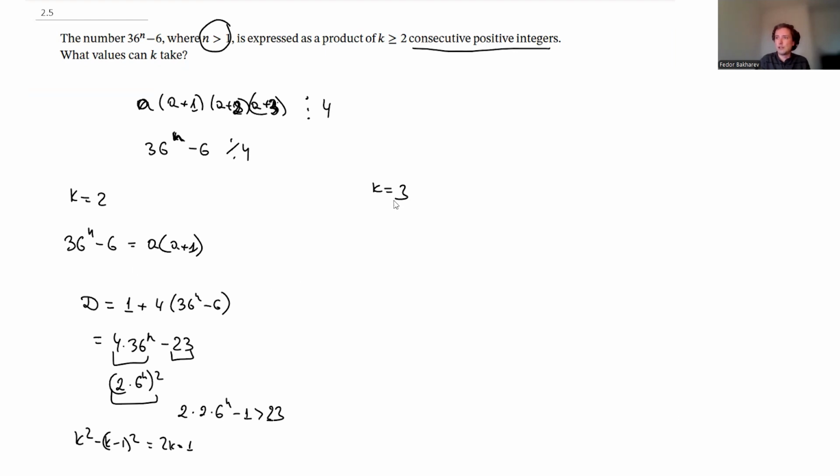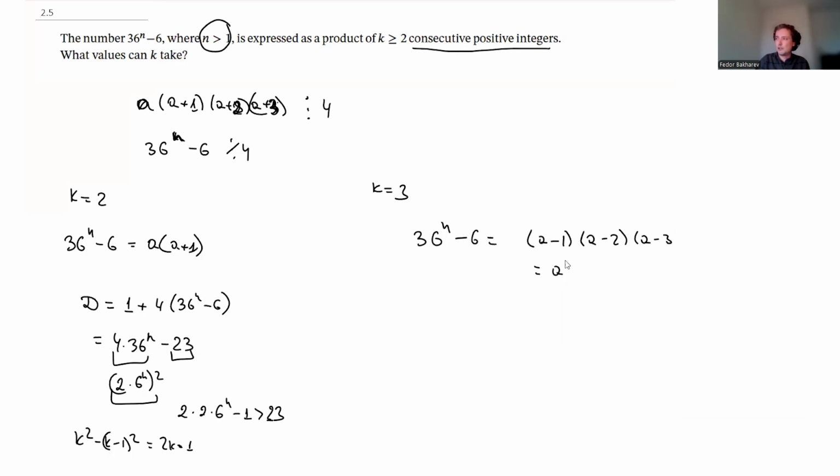What about k equal to 3? In this case, we also could just write it in this way, but I will use a slightly different approach. I will write a minus 1, a minus 2, a minus 3, in such a way that this minus 6 will disappear.